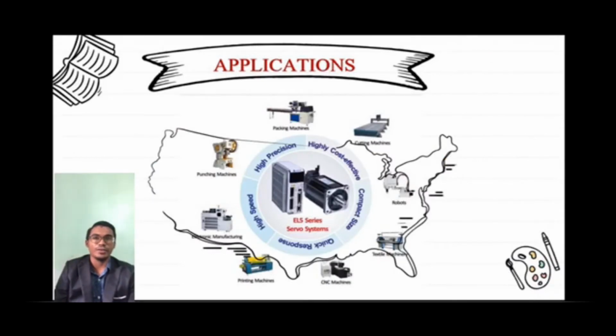In real life or industry, the servo motor is used in robotics and automatic machines such as printing machines, cutting machines, packaging machines, and anything that is an automatic machine.